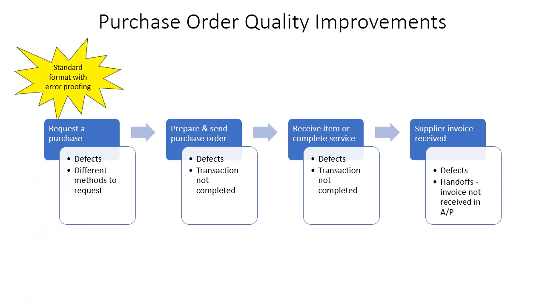So let's look at improvement approaches. In the requisition step, requesting a purchase, it's important to create a standard format or standard formats with error proofing. I'm going to show you an example in a minute.